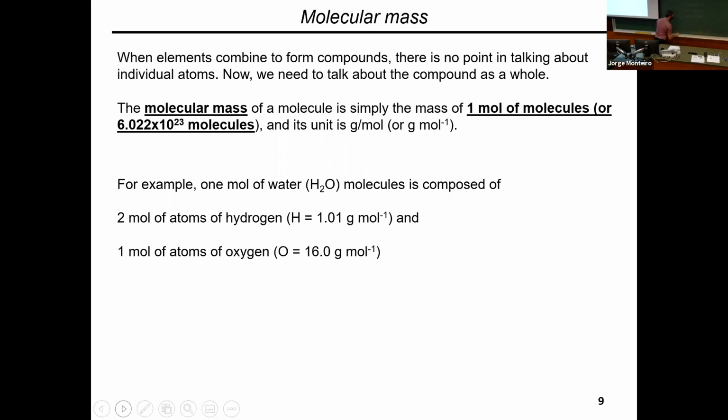Therefore, molar mass for the water, that's going to give us 18.0 grams per mole, or grams mole to the minus 1.